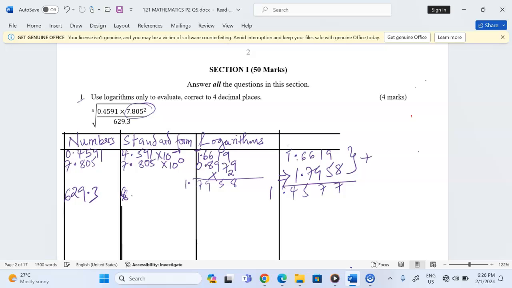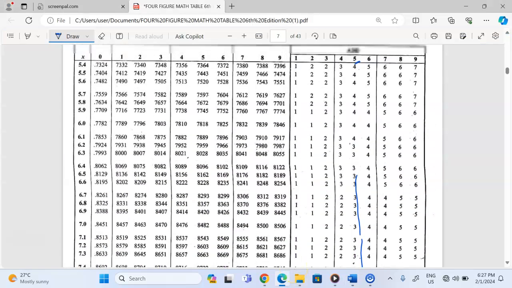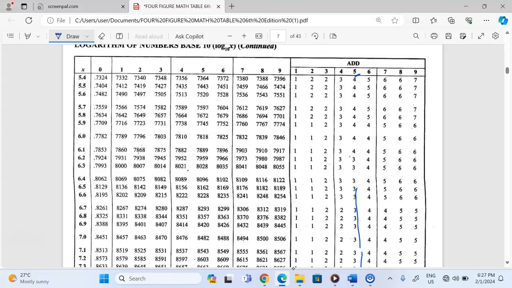But now there is another number, which is 629.3, so 6.293 times 10 power 2. So the logarithm will start with 2. Now we look at 6.293. 6.2 is at this point; at 9 we have this, and at 3 we got 2.